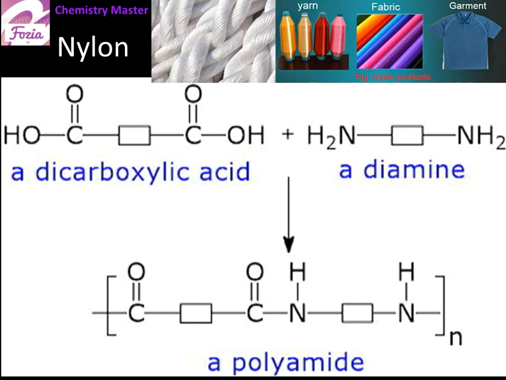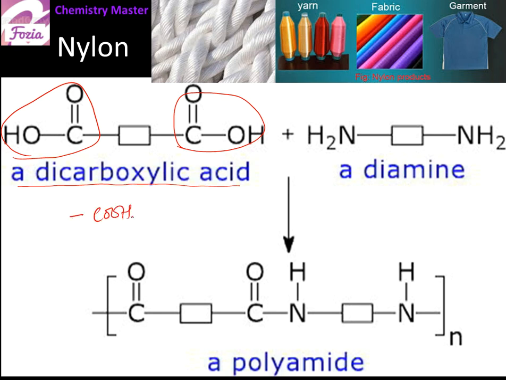The basic thing to understand is the ingredients or the reacting chemicals are a dicarboxylic acid, di means two carboxylic acidic groups, two COOH groups are required for this. And the second starting material is a diamine having two NH2 groups in them, which are required for linking. When these two, dicarboxylic acid and diamine, link together, you see amide linkage is formed.